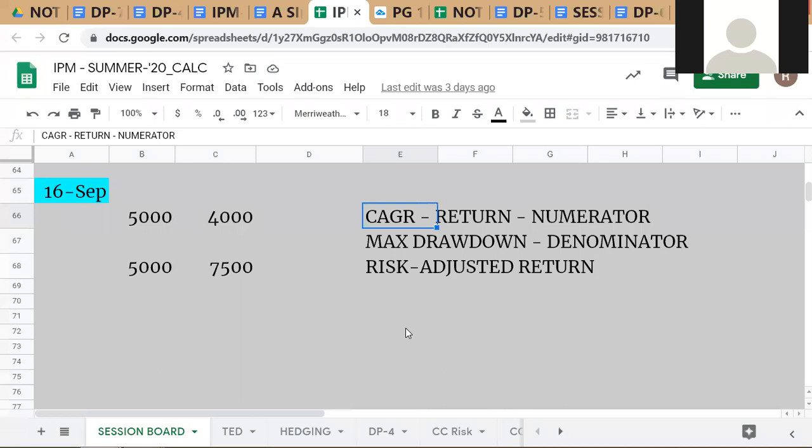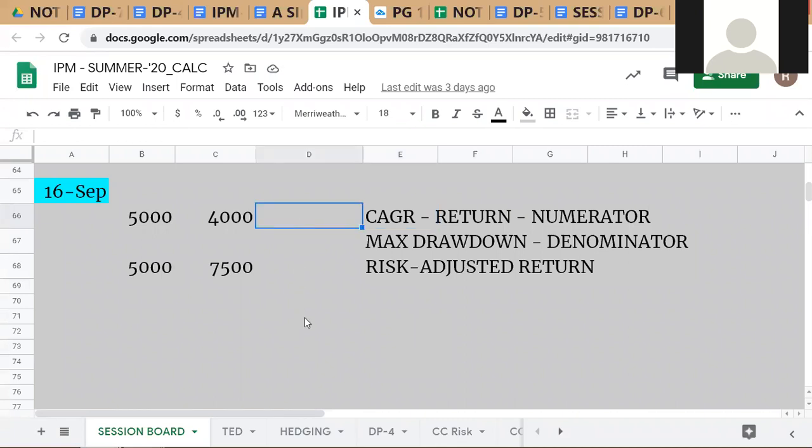At the end of the project, I am able to recover all of my losses and a profit of, suppose, 5,000. Is it a good response according to you, or a bad one?